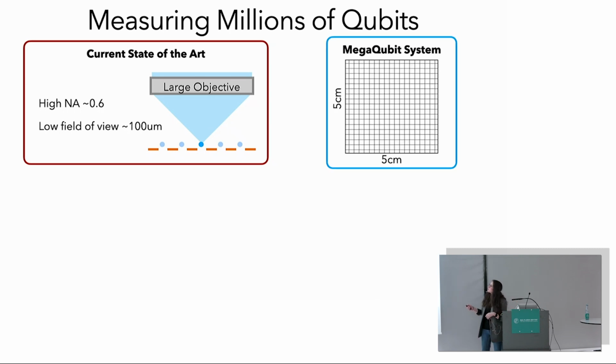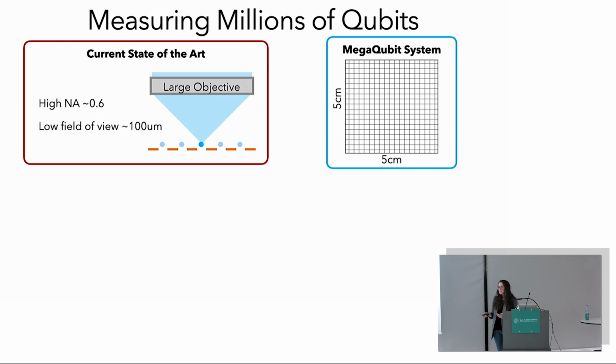And if we think about what we'll need for a megaqubit system, looking at current trap sizes, we would need centimeter scale, almost like a wafer scale, 5 centimeter system. And so there's two options if we want to read out and control all of the ions along these 5 centimeters. One option is to spend a lot of money and build a really, really huge objective like they have for fabs. And this is not impossible, right?